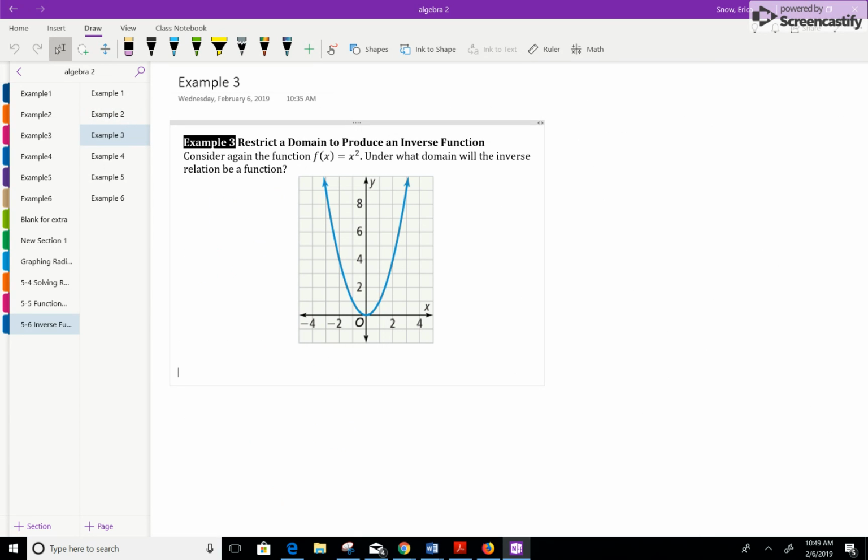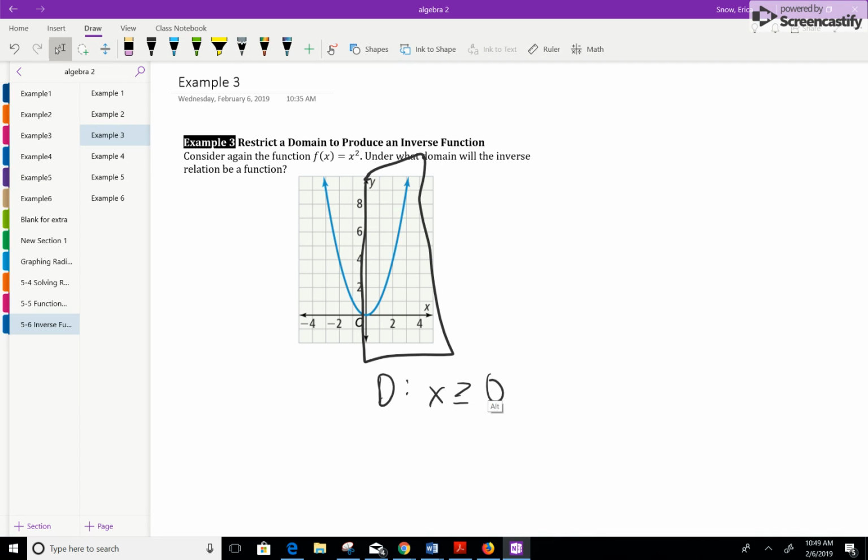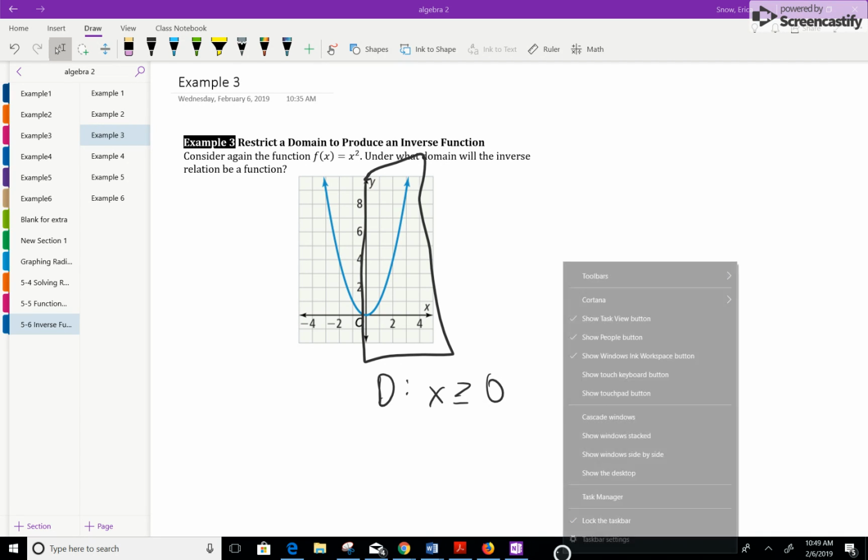Anytime we have symmetry like this, there are actually 2 y's that repeat, so we have to take out the repetitions. When we restrict the domain, which is what example 3 asks us to do, we only want this half. So our domain is going to be x greater than or equal to 0.